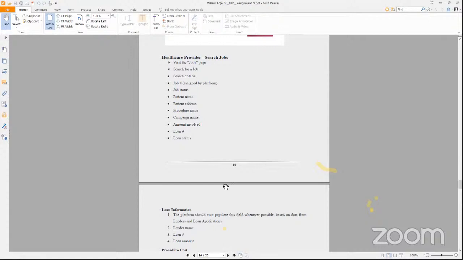You can equally also look for jobs. So in the case where patients apply via the platform, as a provider, you can also search for jobs. You could go there and find out which kind of procedures you are interested in. Then you can go ahead with them if you want to opt for it. Okay. Thank you, William.